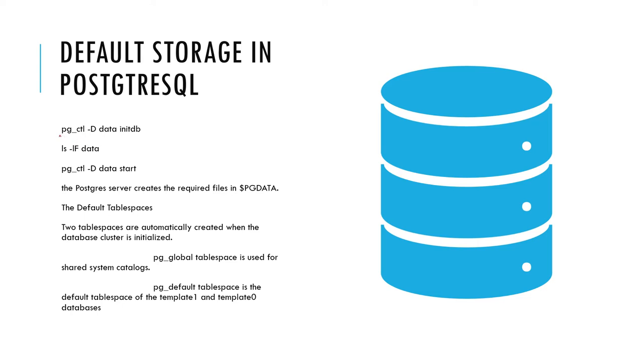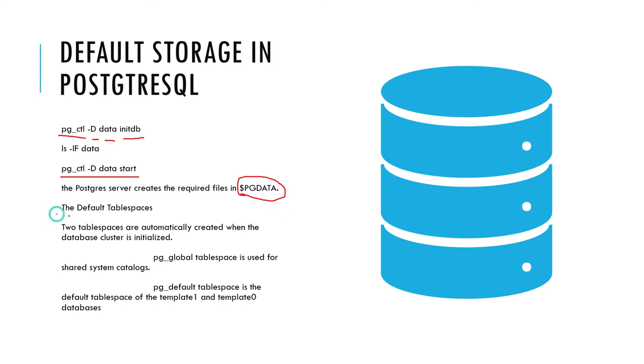You initialize the database using pg_ctl -D, the data directory location if it is non-default, and initdb. Then you start the instance following the initialization. During this course of action, a location is created which is called $PGDATA, wherein all the data files related to PostgreSQL are stored.